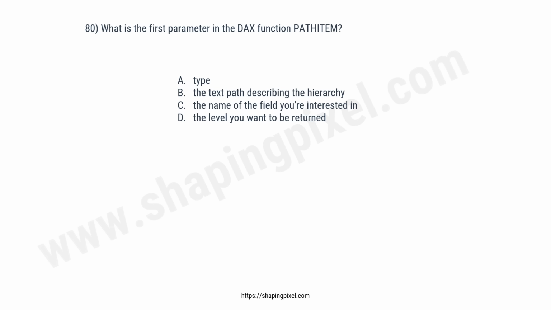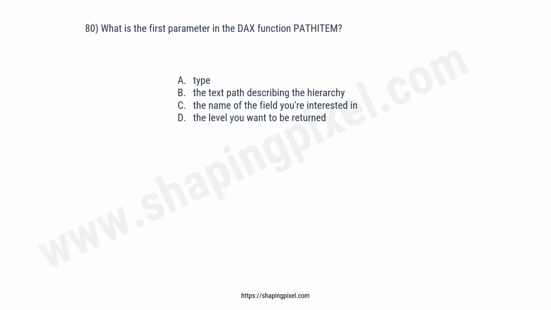Question number 80. What is the first parameter in the DAX function path item? And we have four options. Option A, type. Option B, the text path describing the hierarchy. Option C, the name of the field you are interested in. Option D, the level you want to be returned.